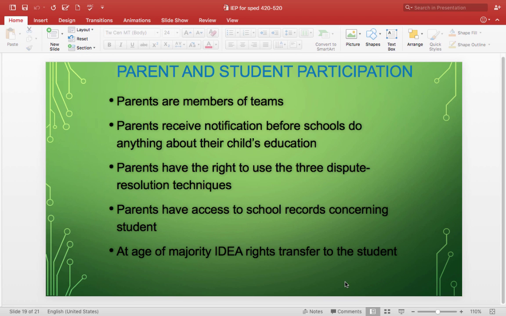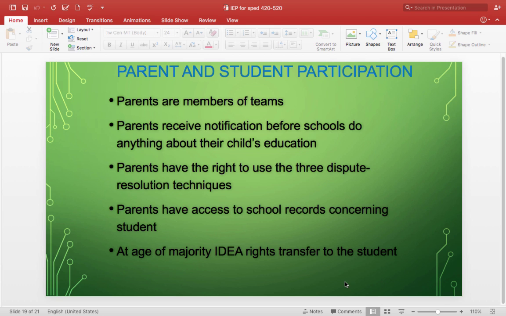And according to FERPA, you guys are familiar with FERPA because, like, if your parents come in to ask us questions about your grades, we can't do that. That's FERPA at the university level for the most part. But it was actually written to make sure that parents in the elementary and secondary under the age of 18 usually have access to school records.